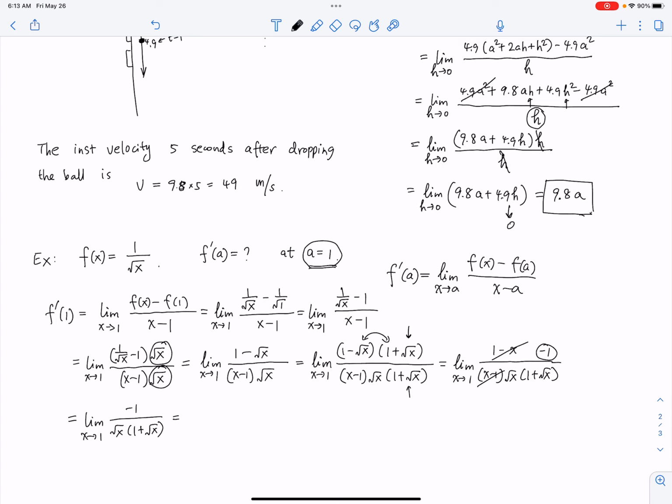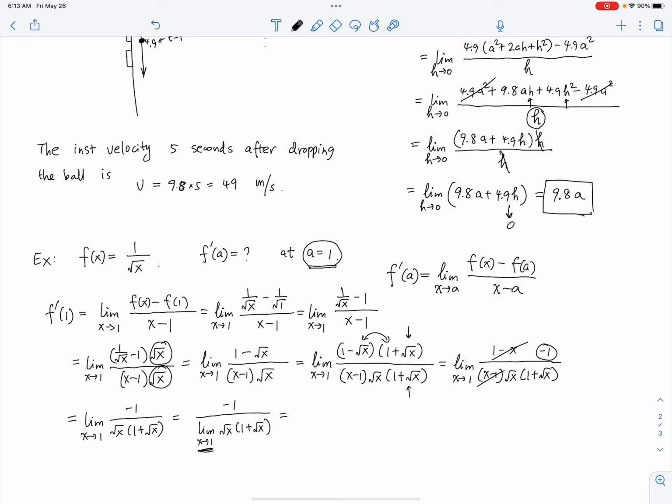Now it should be easier to see what's going on here, right? When x goes to 1, the top is negative 1. You don't do anything with negative 1. It's just a negative 1. It's a pure number. But for the denominator, you can do the limit, because this is a continuous function.